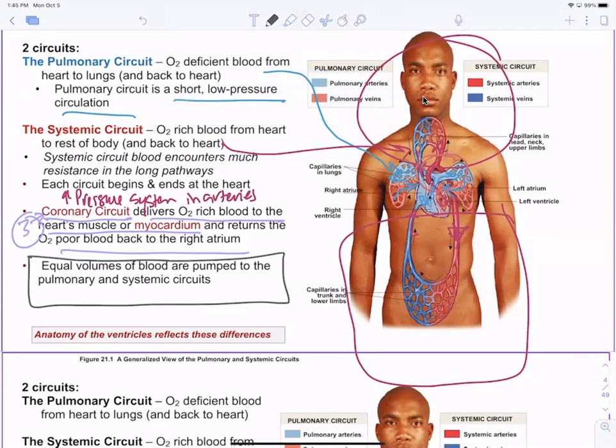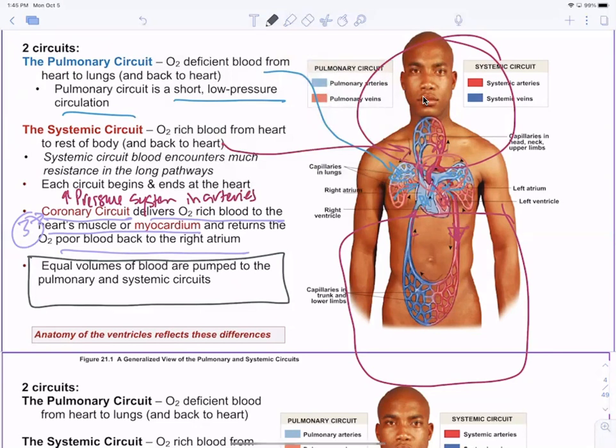The right side is taking blood that's coming back from all the cells in the body. At least 25% of the oxygen has already been extracted out of the blood. And so it goes to the right side to get sent to the lungs to get that oxygen fully saturated again, put it back up to 100%. And that's the pulmonary circuit.